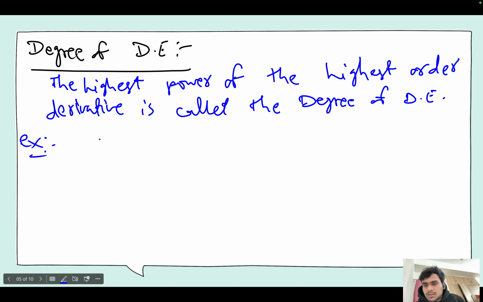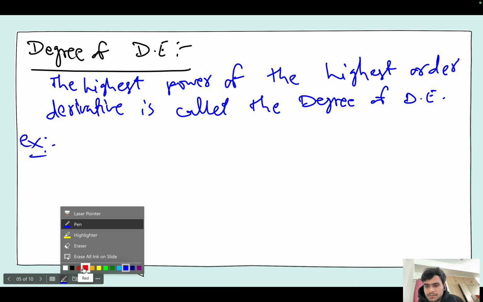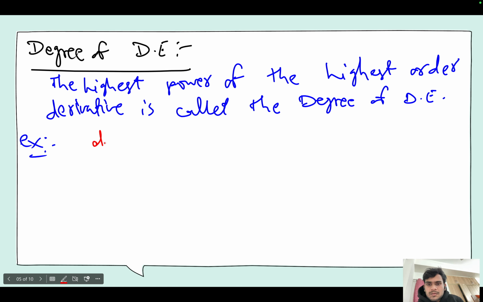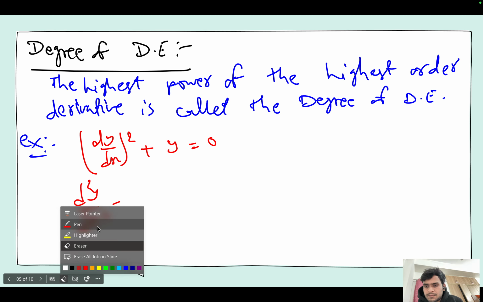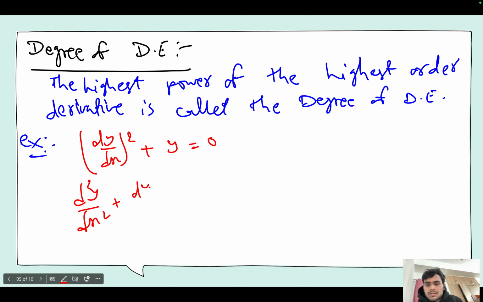So now taking some examples like dy by dx whole square plus y is equal to 0, and d2y by dx2 plus dy by dx plus y is equal to 0, whole square.